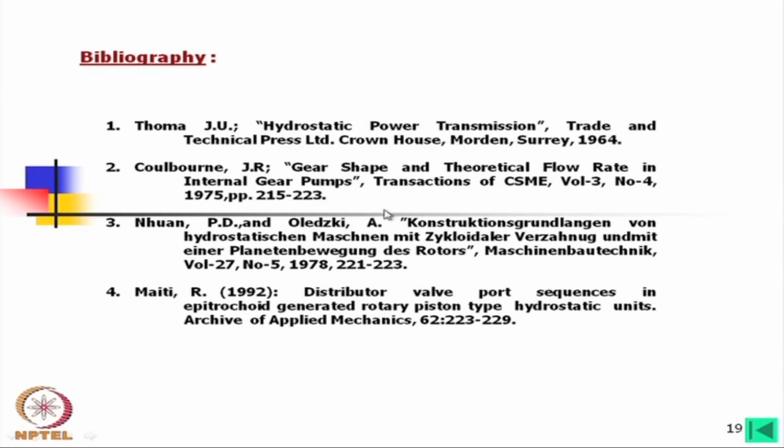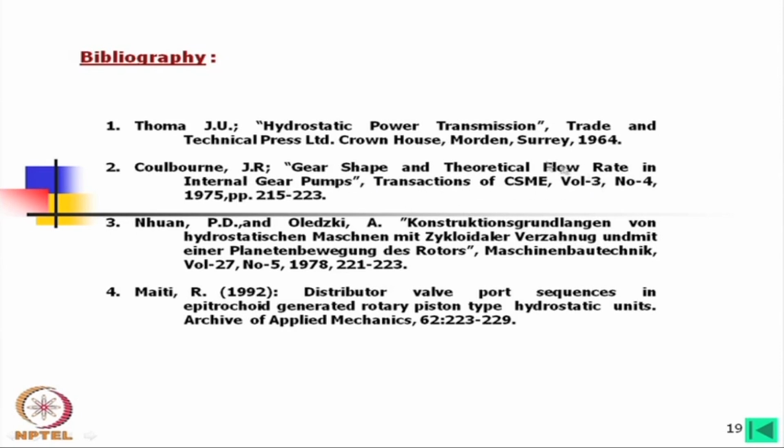So, these are the references. I would say that you will not be able to follow this paper, because it is old as well as in German language. I think not even exactly German language; I think these two people were Austrian. If you read this paper, you will have some idea about this fixed axis machine, not the orbit motor.